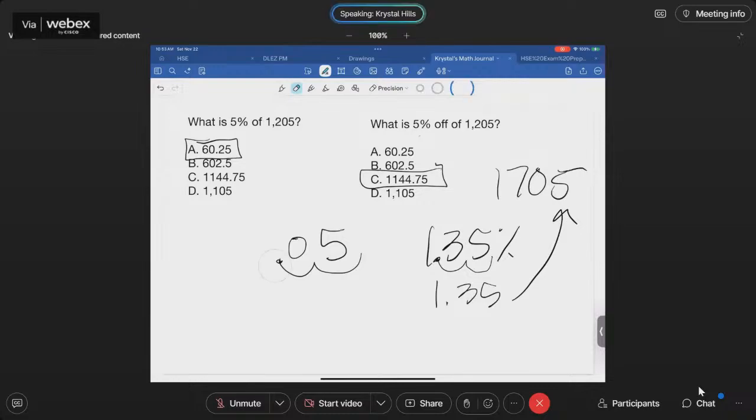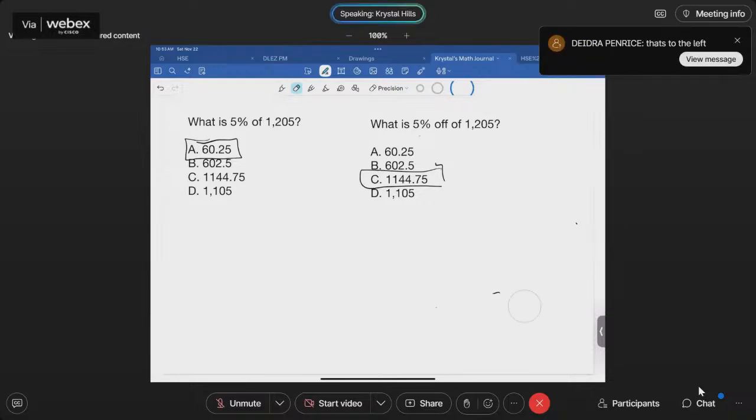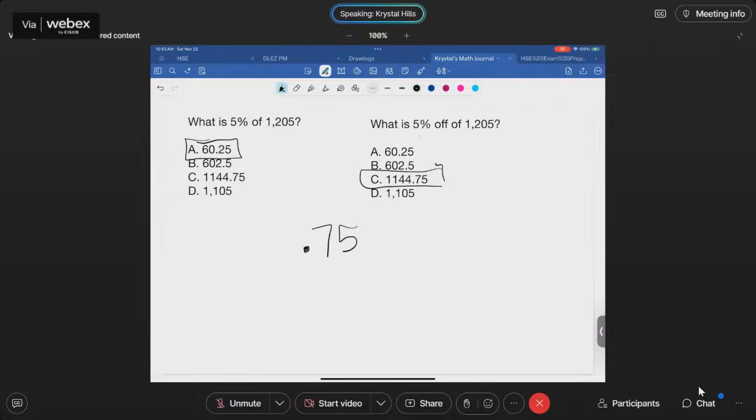Now, when you have a decimal, let's say we have 0.75 and they want your decimal to be a percentage, you move it 2 times to the right. So now we have 75%. Or let's say we have 0.0073 and they want that as a percentage.